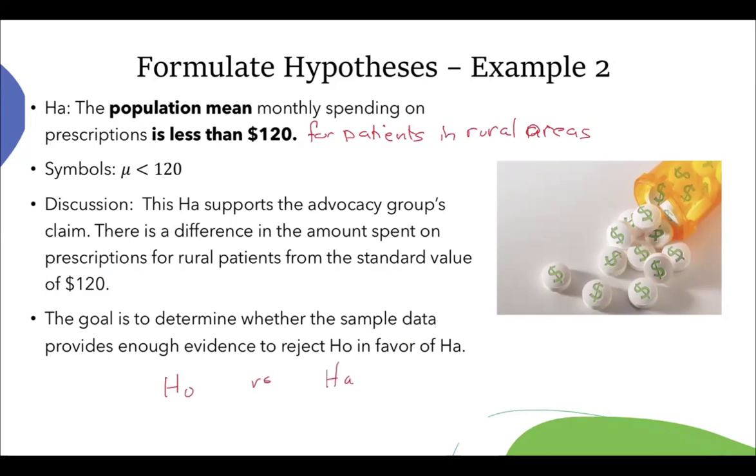If our sample data shows that rural patients spend significantly less than 120, then our winner will be HA. If our sample data shows that rural patients don't spend significantly less than 120, our winner will be H0. And this is all going to be used by comparing P to the significance level alpha.